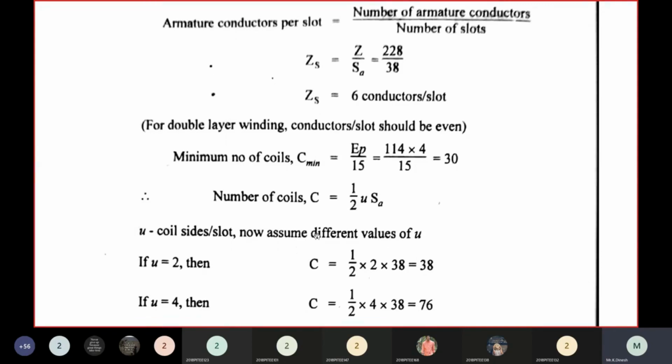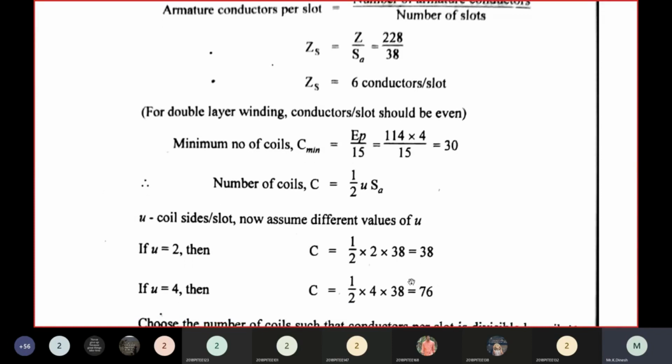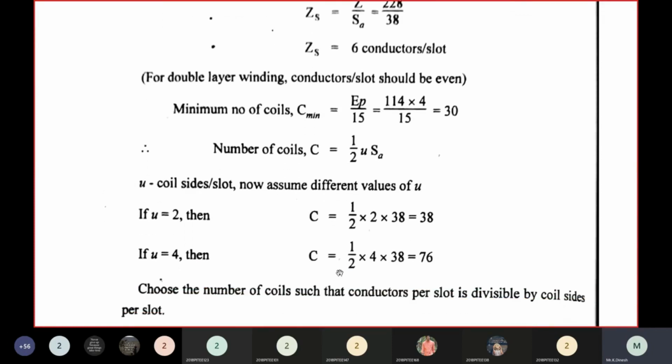So I am fixing U equal to 2; I may get the number of coils as 1 by 2 times 2 into 38, so 38. Next, U equal to 4: C equal to 1 by 2 into 4 into 38, I may get 76. So now you have two numbers of coils, either 38 or 76. We have to fix whether we need 38 or 76.